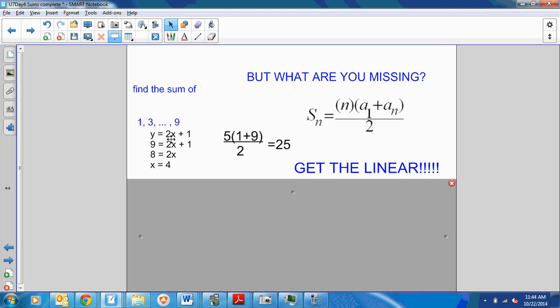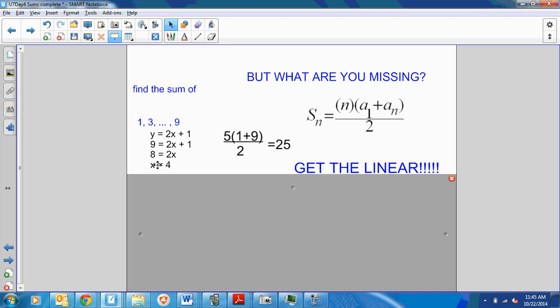So I have this equation y equals 2x plus 1. What I'm looking for, the number of terms, is how many steps it takes me to get to 9. So I plug in 9 here for y, and 9 would equal 2x plus 1. Solve this for x, and x equals 4. And this is where students get a little wary and a little confused. x is not the number of terms.